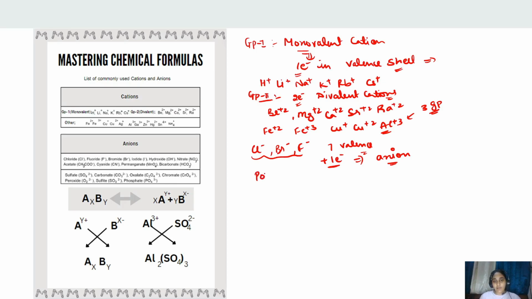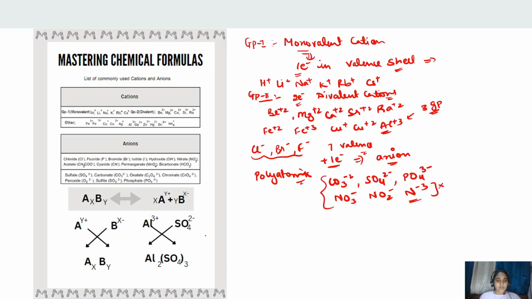There are some polyatomic anions like carbonate CO3 2 negative, sulfate SO4 2 negative, phosphate PO4 3 negative, nitrate NO3 negative, nitrite NO2 negative. These are polyatomic, not this one. This is monatomic because only one atom is there, and the others are polyatomic.